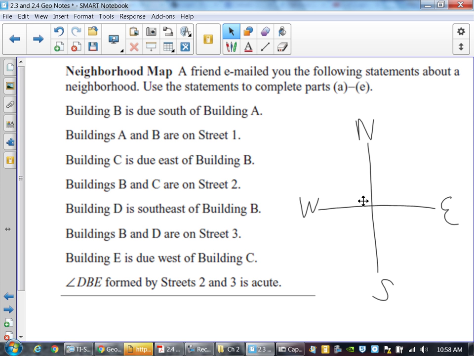Yes, ma'am. What's that? Can I tell you that we're west? Like right there. What, the E? Now, you're saying I could put E here, but couldn't I also put it here? Yep.